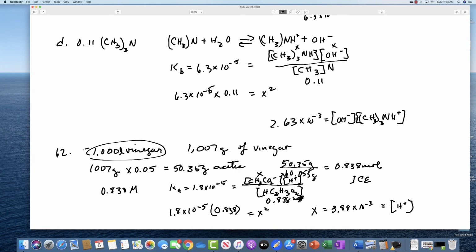So if we use our previous formula that the pH is the negative log base 10 of the hydrogen ion concentration, if we put this number in and do the math, the pH is going to equal 2.41.